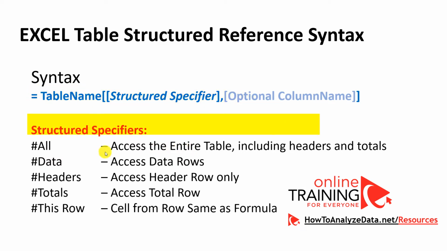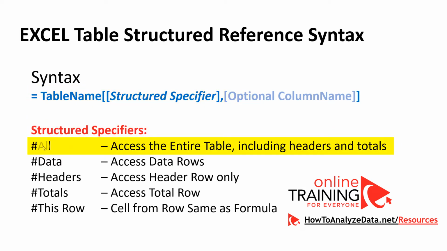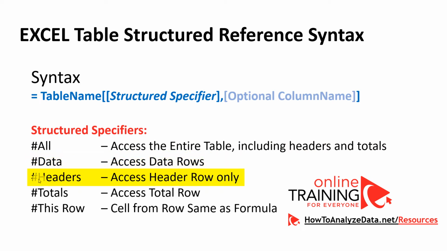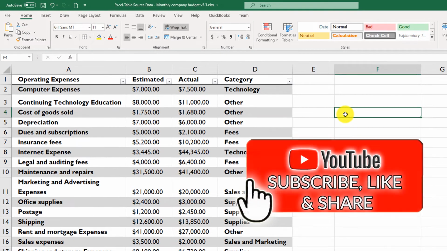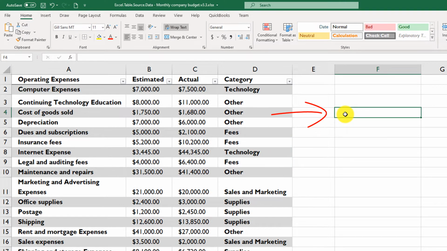To access the entire table, you just need to use the #All specifier. To access data rows, #Data, headers, #Headers, totals would be #Totals, and for a specific row, you just need to use the #This Row specifier.